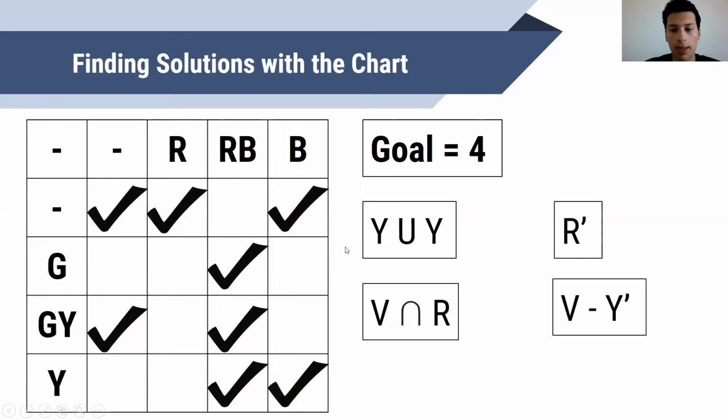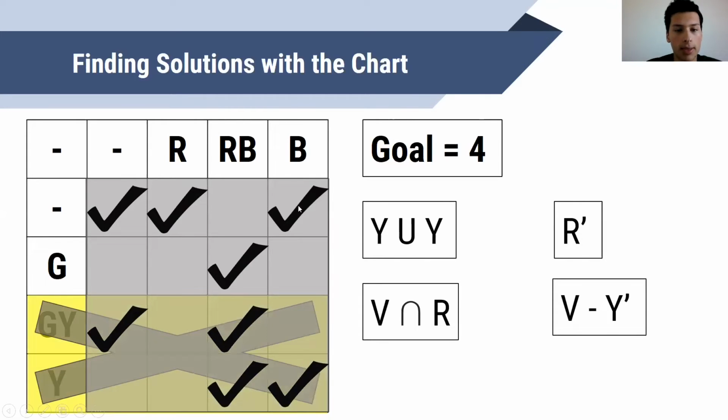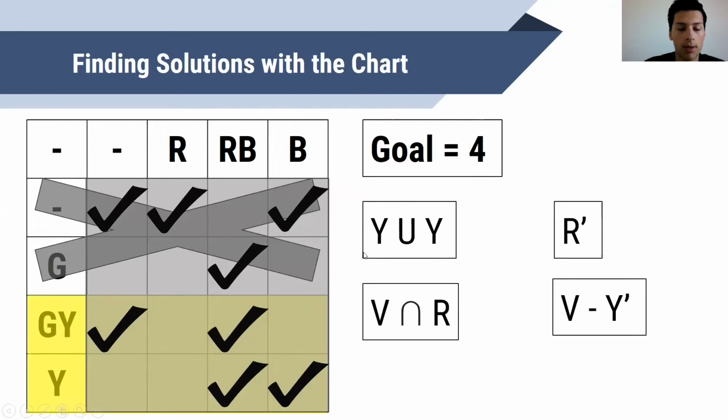So this is a bit more complicated. Universe minus yellow prime. Universe is all of the cards. Now what's yellow prime? Yellow prime is these cards because they're the cards without yellow. So if we're subtracting these cards from the universe, we're left with the cards we originally crossed off. So we're left with these 4 cards that were originally yellow.